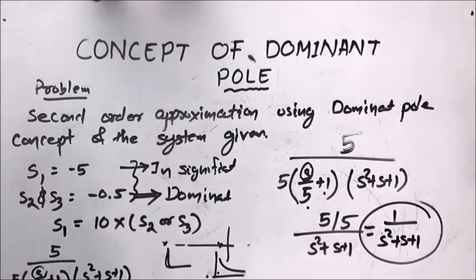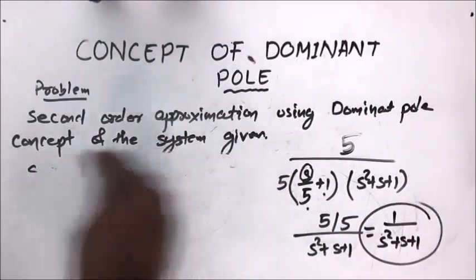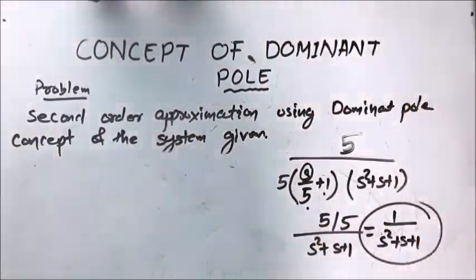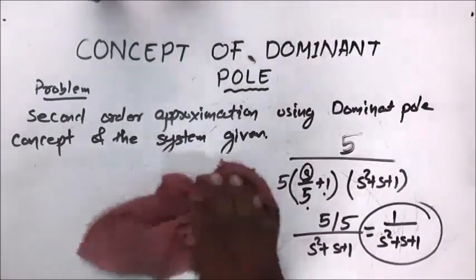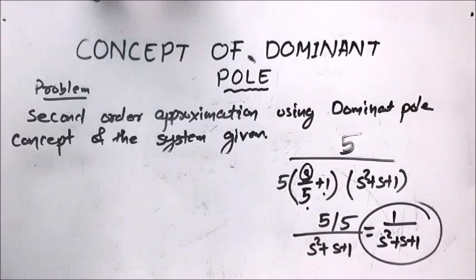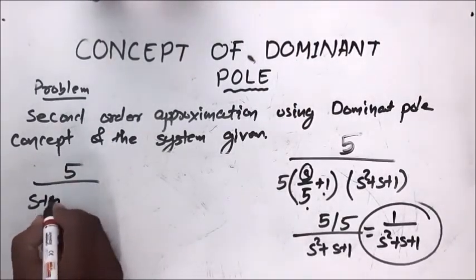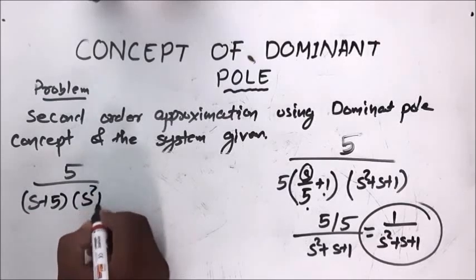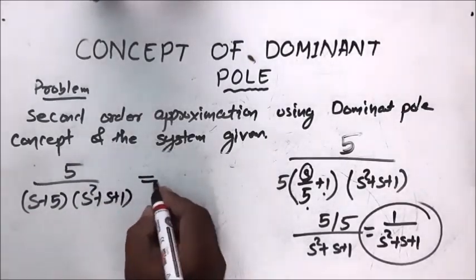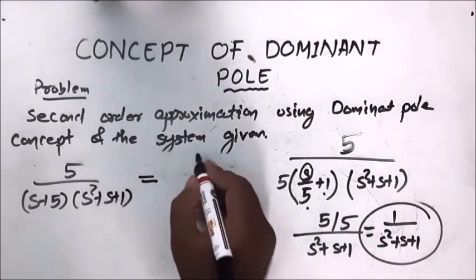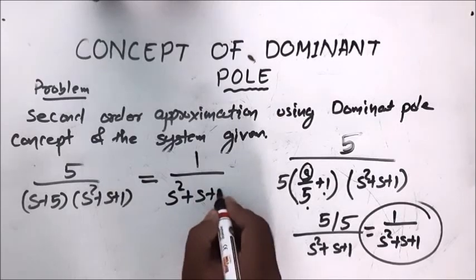Clear? So the previous term which we had earlier, we need to approximate those things. The question is given as 5 divided by S plus 5 into S square plus S plus 1, and we have to approximate this transfer function into 1 divided by S square plus S plus 1.